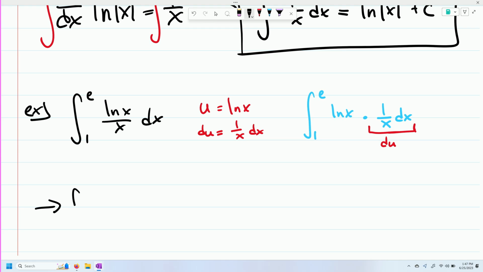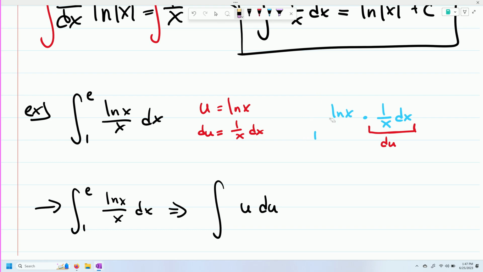So let's make our substitutions. The integral from 1 to e of the ln of x over x dx is going to equal the integral of u du. We'll worry about the limits of integration in a second. Remember, the ln of 1, which is our lower limit, is equal to 0.